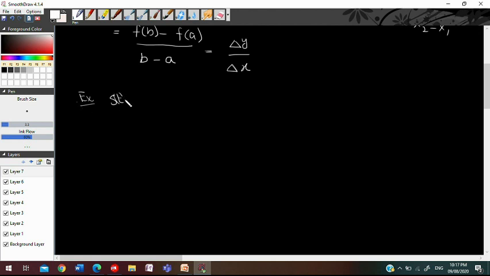Let's say S of t is equal to t squared minus t. Now, this is simply a function of s, and we know which one is the independent variable and which one is the dependent variable, right?